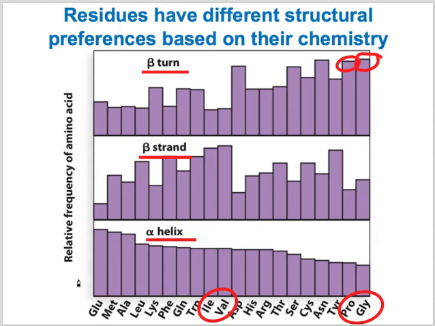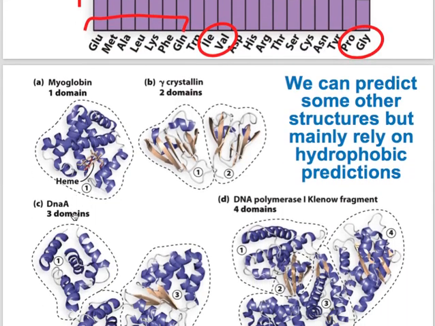You can tell based on these amino acids, if there's a lot of these amino acids in a given primary sequence, it's likely forming an alpha helix, and it's less likely if these ones are around. So relative frequency, yeah. So these are how we can predict what secondary structure is going to happen. But then remember, for tertiary structure, we need to remember how many alpha helices are interacting with this beta strand? How many are interacting with this next beta turn? They're all interacting with each other to form that 3D shape.